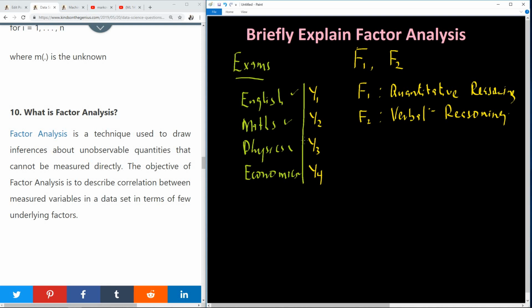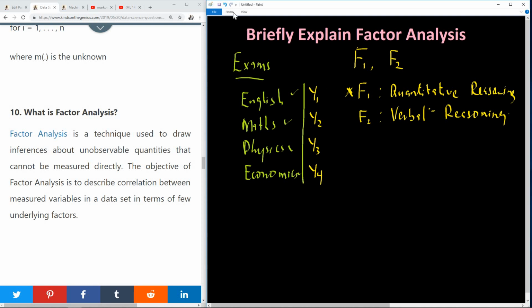Then even if you have taken 100 courses, you can summarize his performance on these calculation intensive courses using just one factor called quantitative reasoning, ability to use numbers. But if you can do very well in writing essays, answering comprehensions, telling stories, then all those subjects might be related to verbal reasoning.